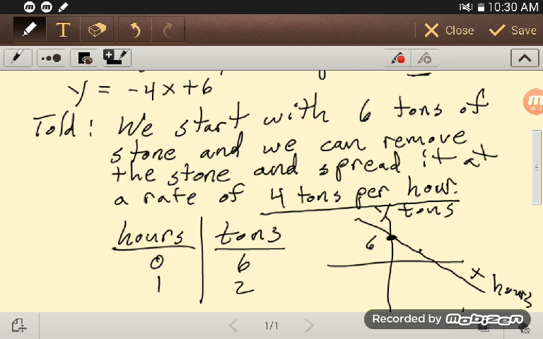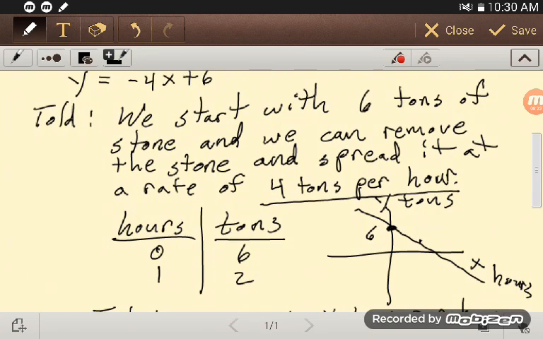I have ordered stone before and gotten, well, I've done it a couple different ways, but one time I had to have it just dumped in a big pile, and so then I needed to spread it. And I had this big pile of, and it probably was around 5 or 6 tons.